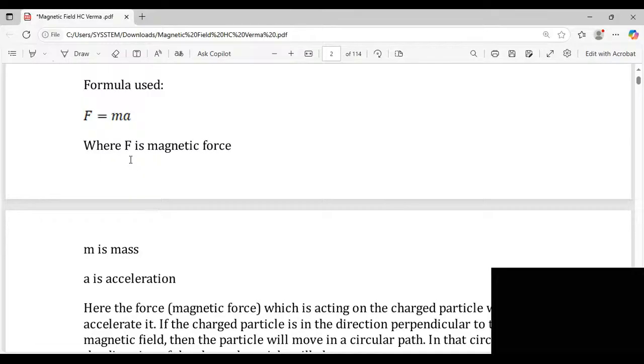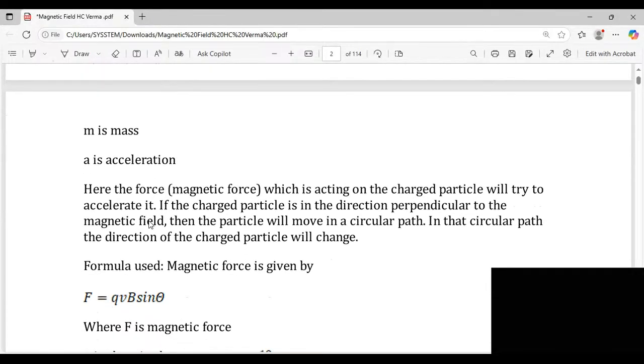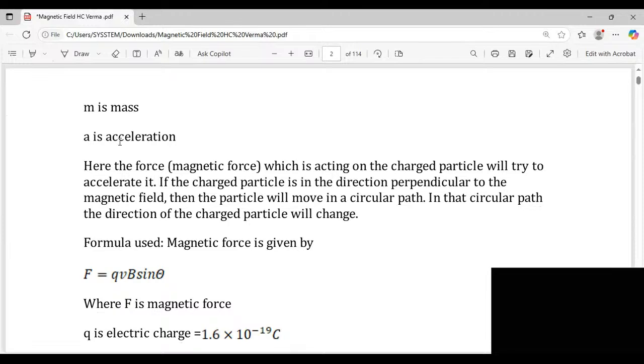For the answer to this question, we use the formula F = ma, where F is the magnetic force, m is mass, and a is acceleration. Here, the magnetic force acting on the charged particle will try to accelerate it.